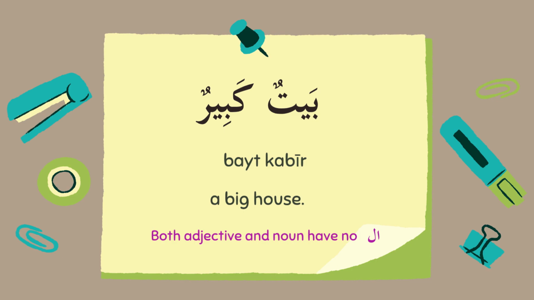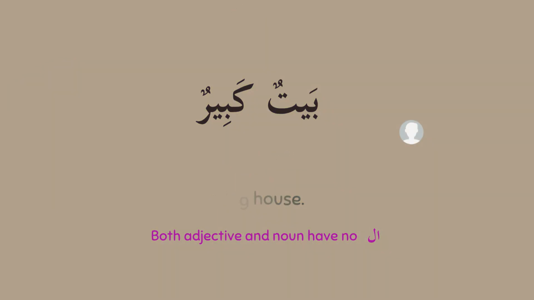As you can see, there is no alif lam, al, added to the noun and also the adjective. Bait kabir. Bait is a house, which is the noun. Kabir is an adjective, which indicates the house is big. Both adjective and noun have no al.